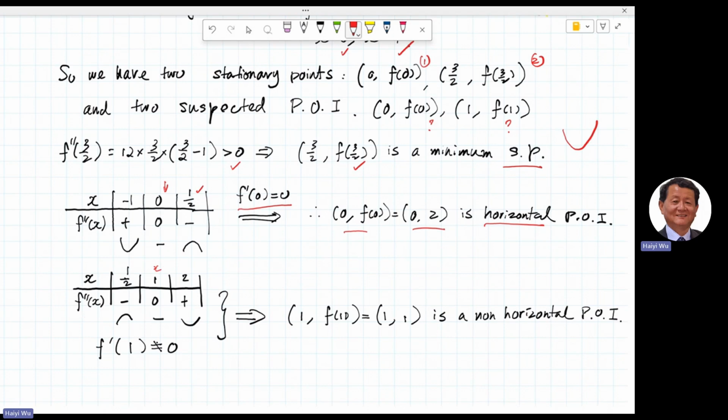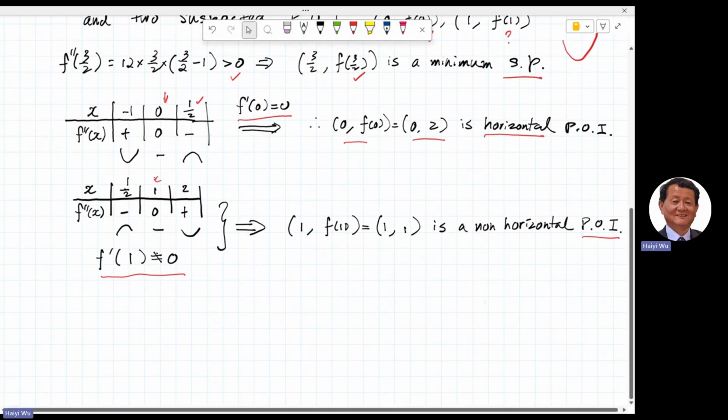So concavity also changes, from concave down to concave up. But the first derivative does not equal 0 when x = 1, so it's not stationary. Therefore, this will be a non-horizontal POI.